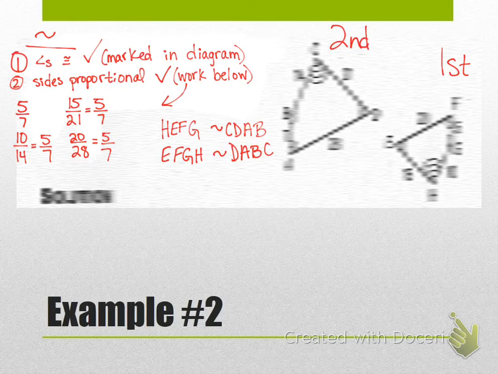There are other options. Questions, concerns about the similarity statement? So this is another option. You don't need both. Notice I put a squiggly in between them, not a congruent sign. If you put a congruent sign here, it's getting marked wrong. So these are the similarity statements.